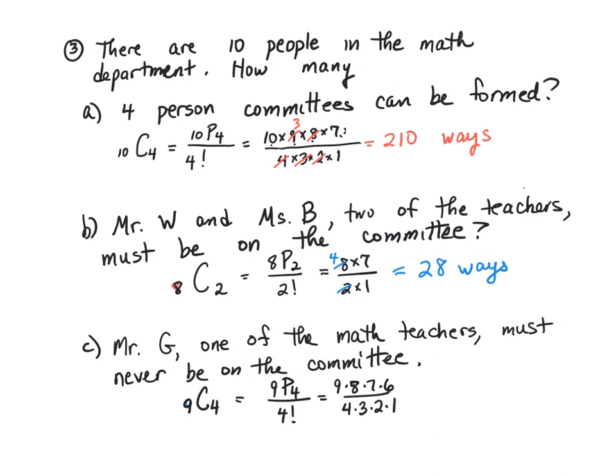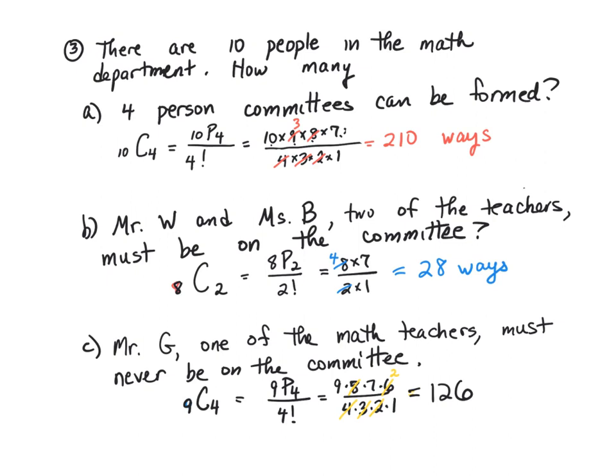And again, the 4 times 2 is 8, and the 3 goes into the 6 twice. So we get 9 times 14, and that gives us 126 ways. So these are considered combinations with special conditions.